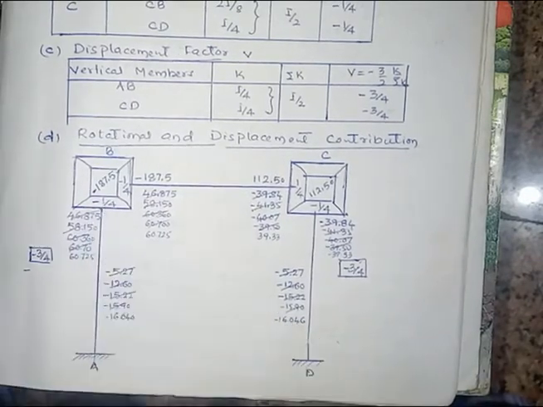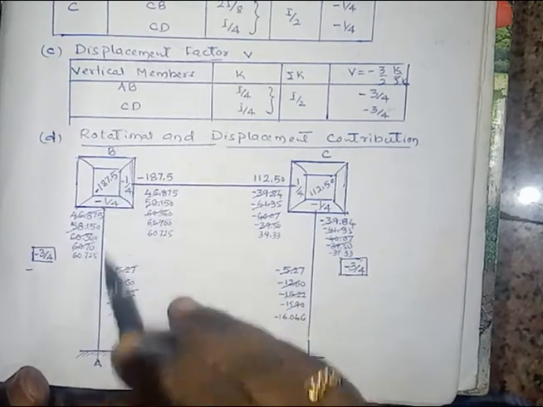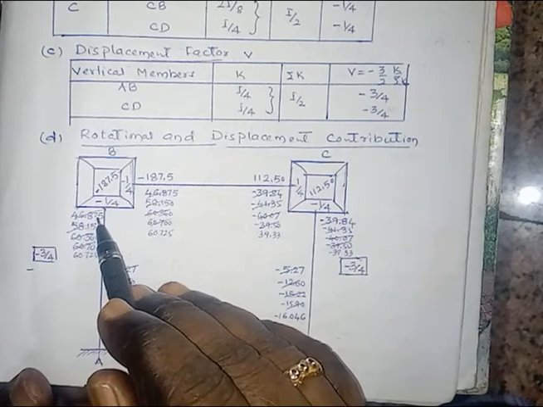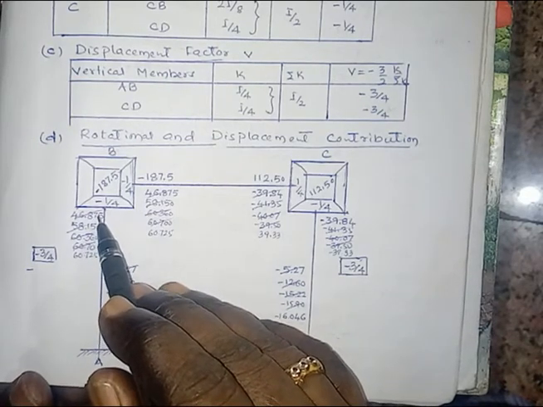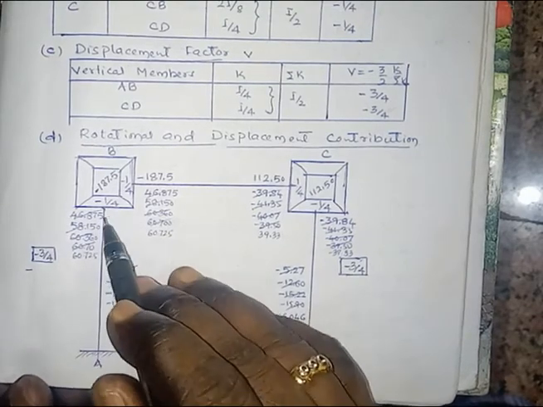Therefore minus 187.5 into minus 1 by 4, you will get 46.875 for the member BA, that is M dash BA. This is the first cycle value of the rotational moment contribution in the member BA.